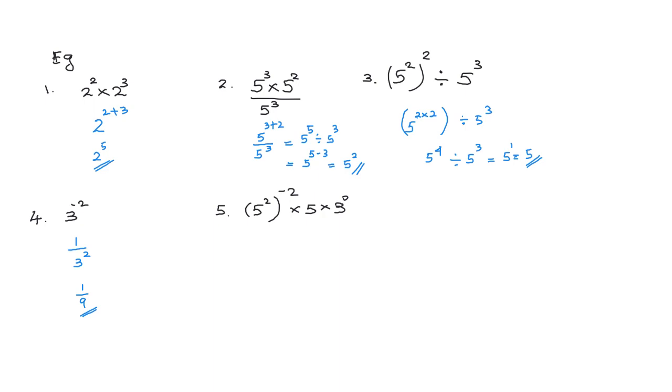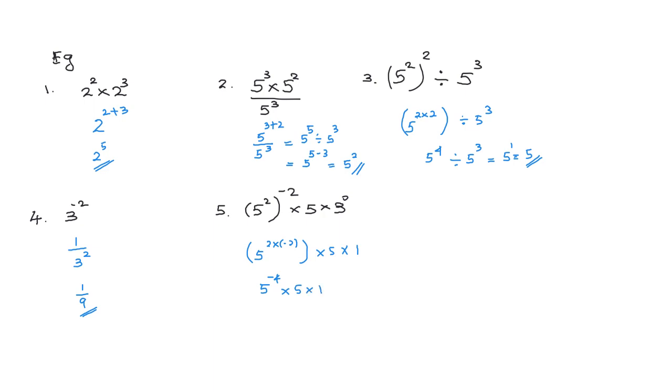Then, example 5. You have powers of powers here. So, 5 to the power, you want to multiply 2 into minus 2. Then you have 5. Then you have 3 to the power 0. Any power 0 becomes 1. Then 5 to the power minus 4, 2 into minus 2 makes minus 4, into 5 into 1.